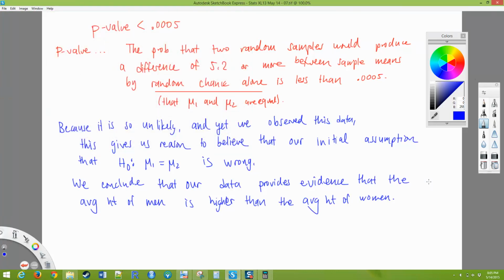Okay. It feels like a lot of work for something we already knew, but this demonstrates the process, okay? And it could be used for any time you're trying to compare the means of two populations where the means of those populations are unknown. So if you don't know, is the average orange bigger than the average apple? Maybe, maybe not. Well, that's actually a very difficult question to answer because it's difficult to get a true random sample of oranges and a true random sample of apples.